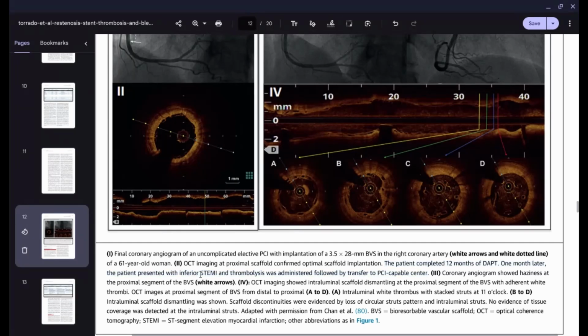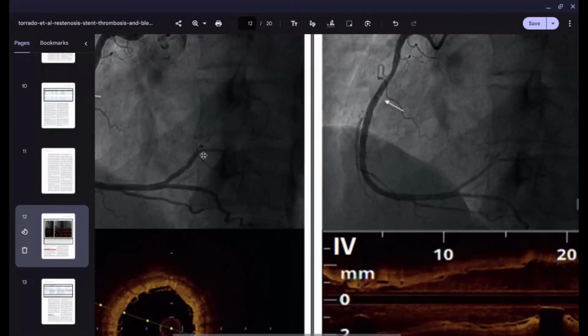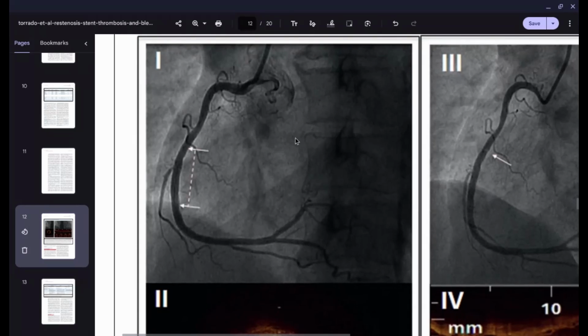So heart attack, inferior STEMI, and I suppose the patient was initially not taken to a PCI capable center, so they were given a thrombolytic agent, thrombolysis. Soon they were transferred to a PCI capable center. One of the things is a PCI capable center will need at least two things. They need this angiography machine. They need an interventional cardiologist on call. If those two are not there, you cannot do a PCI.